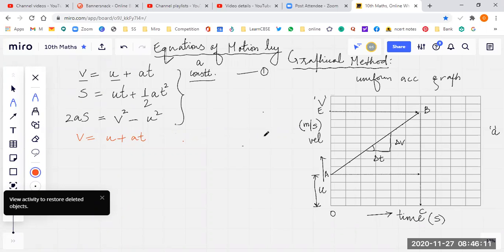All right, students, so concentrate on the graph. Now we are drawing AD parallel to OC.